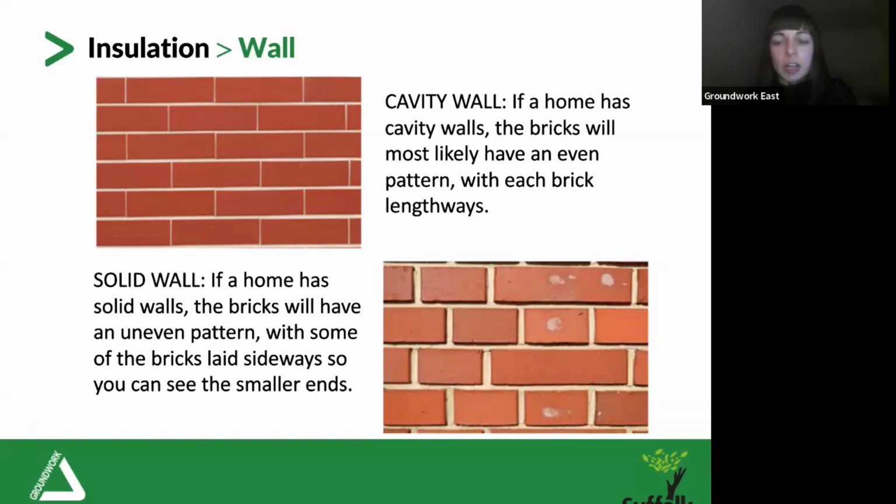Cavity wall insulation is mostly applied to houses built between 1920 and the 1970s. A lot of this information you won't necessarily need to know in detail, but it's something to be aware of if questions come up, if you feel comfortable looking at what their situation might be.